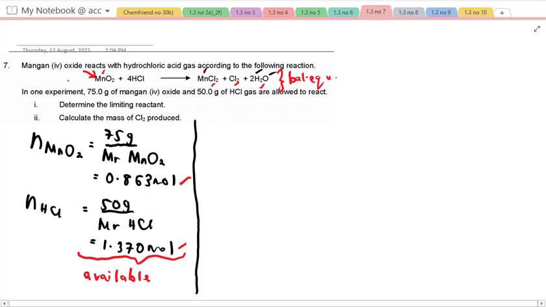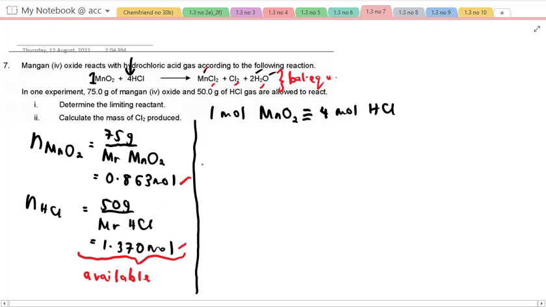Then from the stoichiometric coefficient, how many moles of MnO2? 1 mole of MnO2 reacts with 4 mole of HCl. Then write the proportion: MnO2 is equivalent with, or reacts with, 4 mole of HCl. Okay.